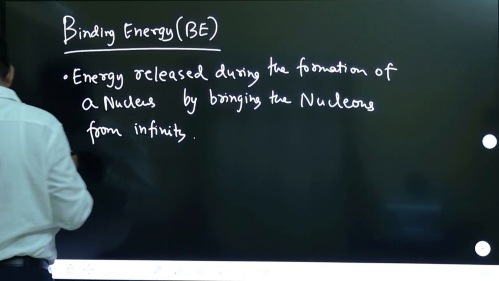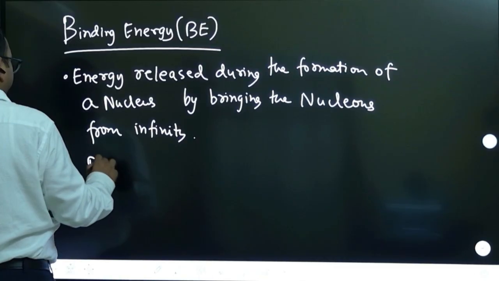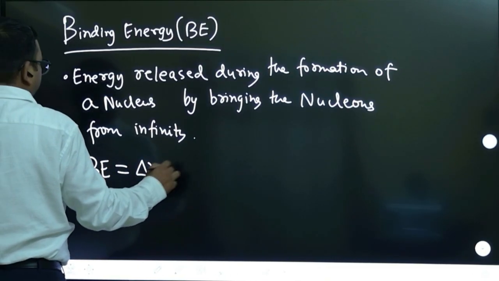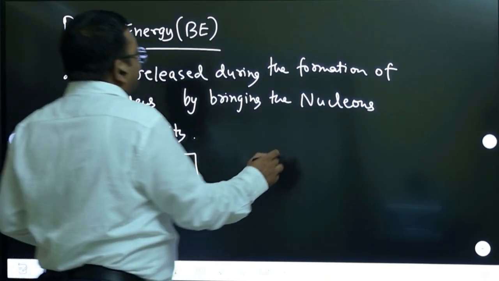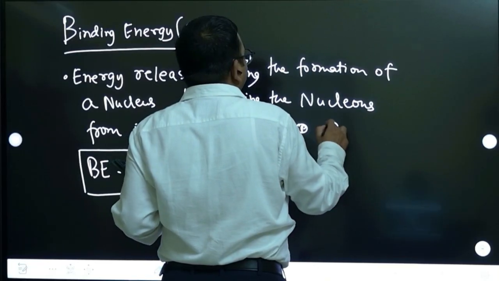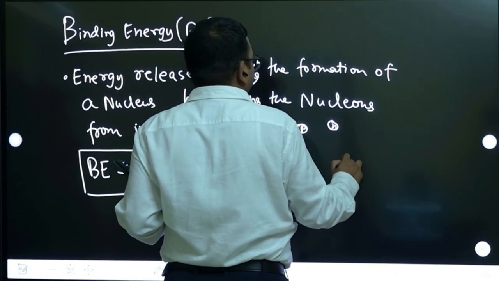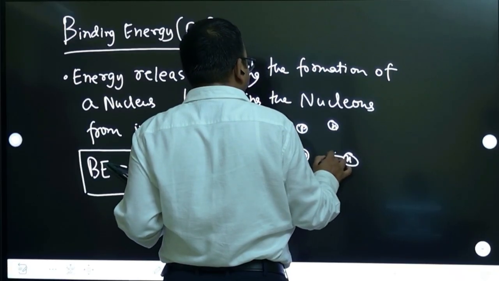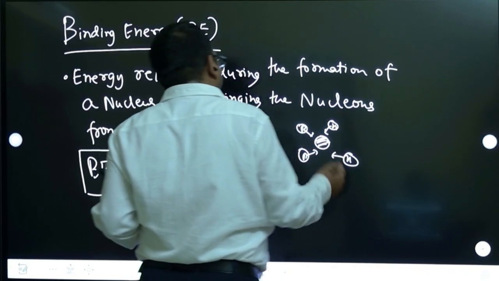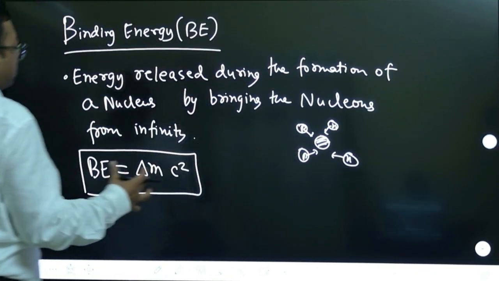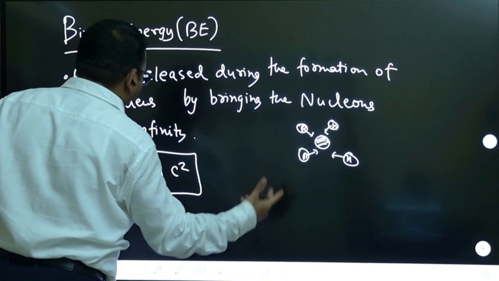So, how do we calculate binding energy? Binding energy is calculated by delta m c square. Because if the nucleons, protons and neutrons, are separated, and you bring them closer to form a nucleus, then we have seen that there is a mass defect. Why?